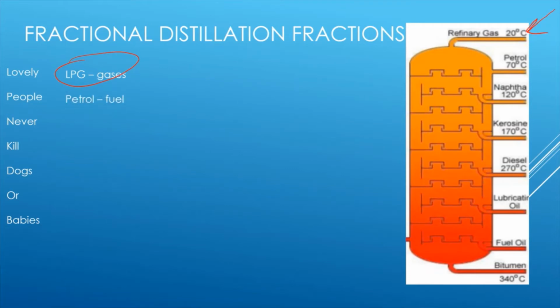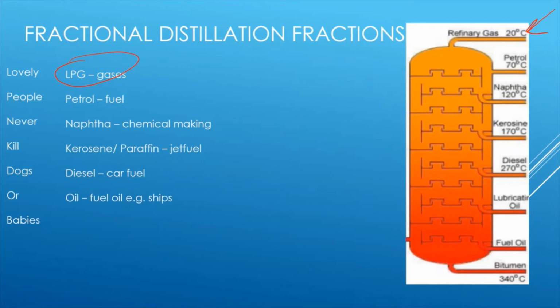Then people is petrol, which is used in cars as fuel. Never is naphtha, which can be used in chemical making. Kill is kerosene, also called paraffin, but you can say kerosene, and that's used in jet fuel. Dogs stands for diesel, which is again used for car fuel.